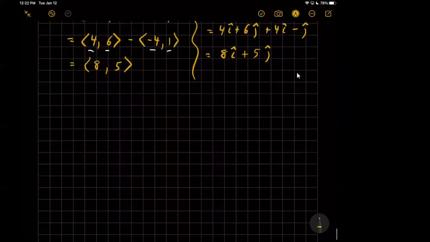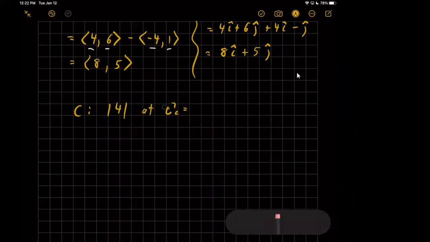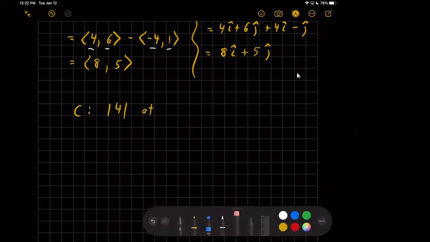It's much more difficult if instead of A and B, let's create two new vectors, C and D. Let's say that C has a magnitude of 4 and it has an angle of 60 degrees.